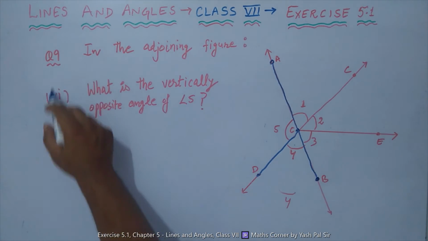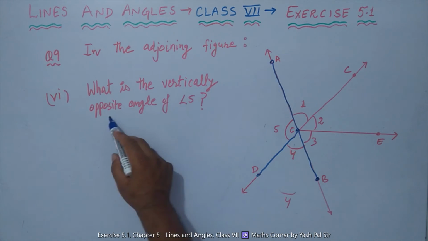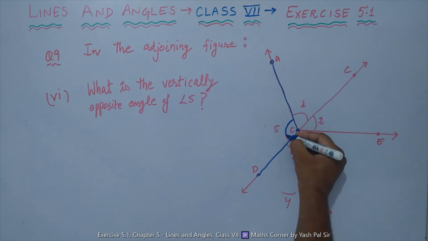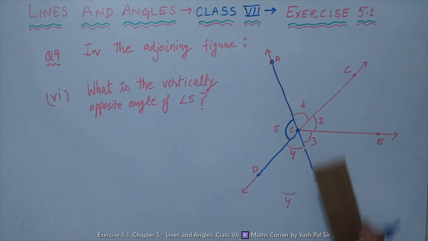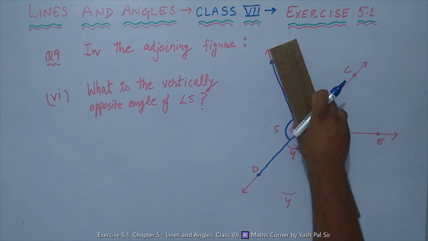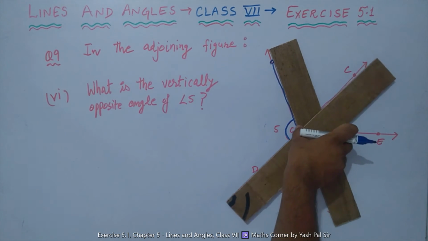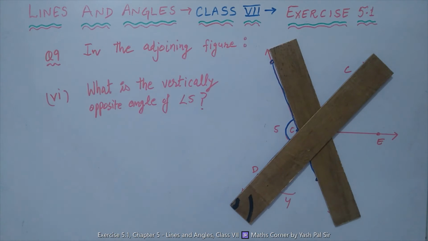Sixth part, question number 9. What is the vertically opposite angle of angle 5? Where is angle 5? This is angle 5. So what we do now, at angle 5, we have to make the cross section.